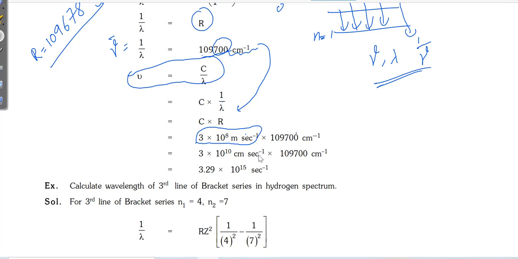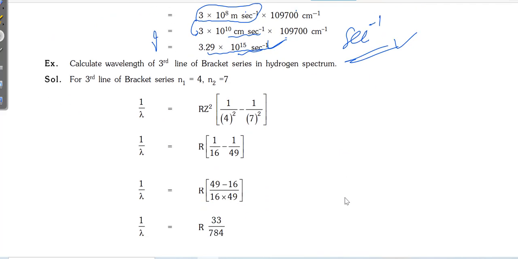Just you convert, either in meter or in centimeter. So I am taking centimeter per second. Then 3.29 into 10 power 15 second inverse. Frequency unit is second inverse. Okay, like that you can calculate even frequency also.